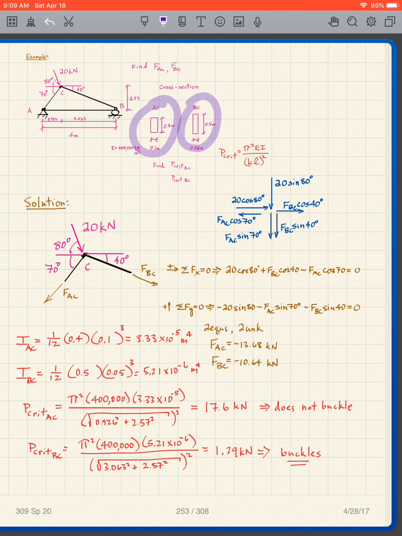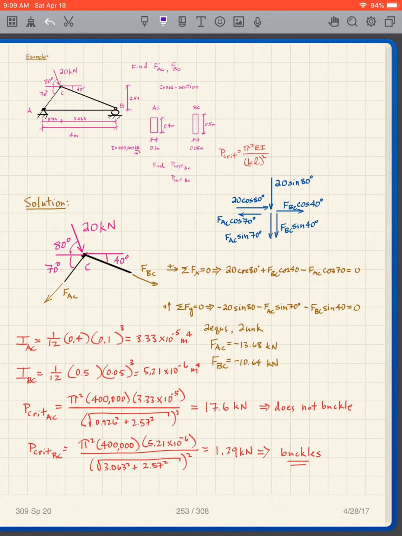The smallest moment of inertia is about this axis, not the horizontal axis. So notice 1/12 b h cubed, the b is the 0.4, the h is the 0.1. I have to get that one to get the minimum moment of inertia.